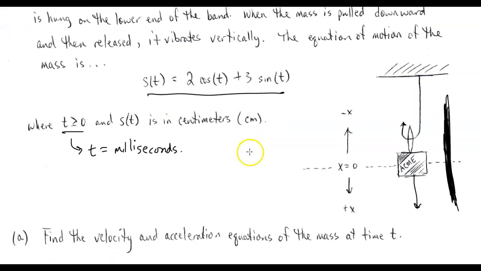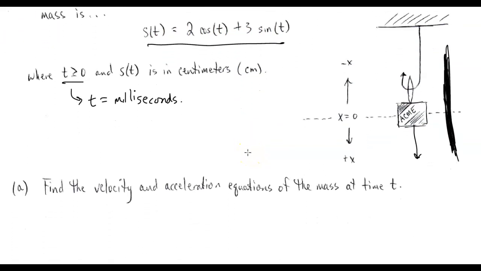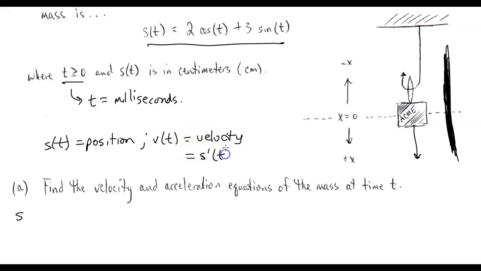So if we go to our first question, we want to find out what is going to be the velocity and acceleration equations of the mass at time t. Well, first thing that we know here is that if s of t is a position function, then we know that v of t is going to be the velocity function, and the velocity function is going to be the first derivative of our position function.